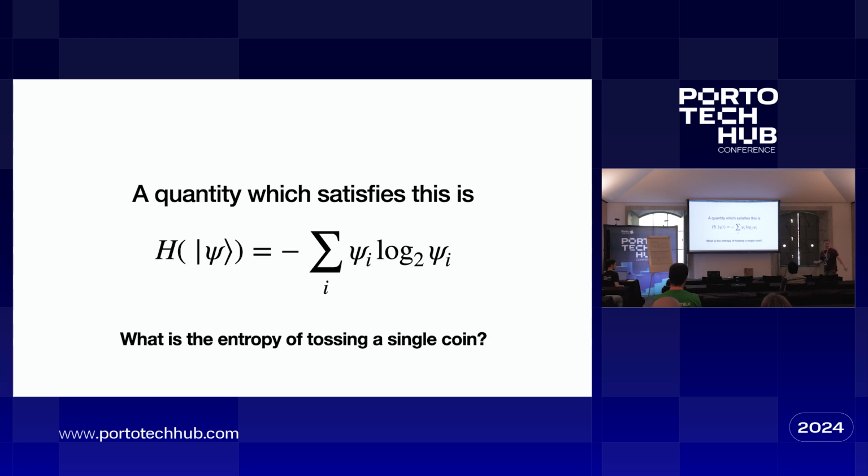So, what's the entropy of tossing a single coin? A fair coin, excuse me, yes, a fair coin. The formula is the sum of, all right. What's the first term of this for a fair coin?